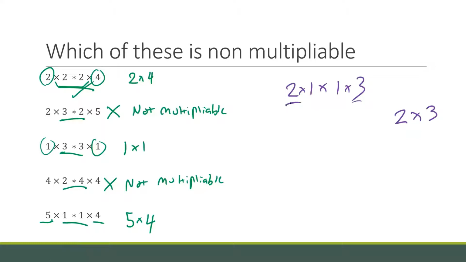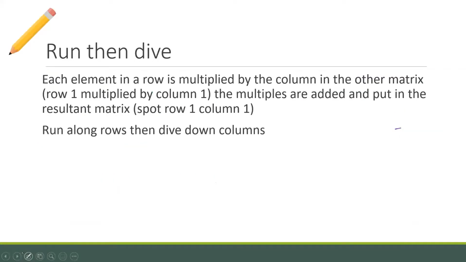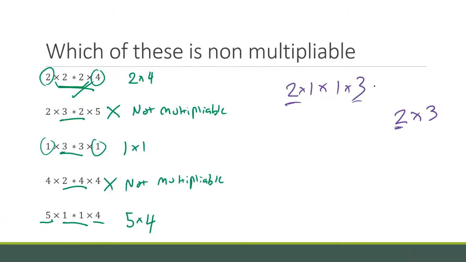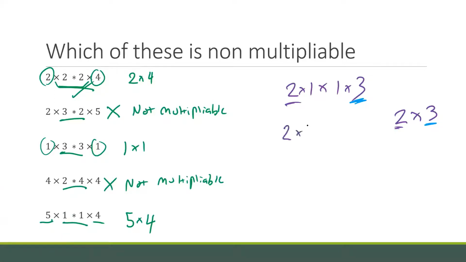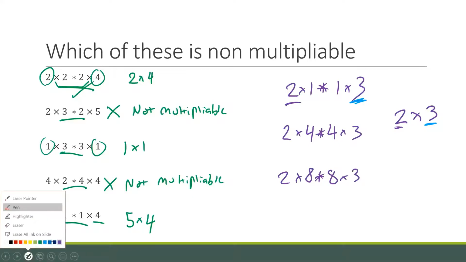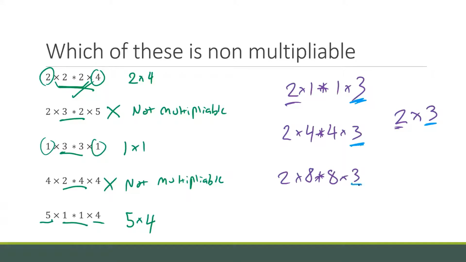You can get the 2 from this matrix, and the 3 from that one. But you could also get this same matrix by taking a 2 by 4 and multiplying it by a 4 by 3, or a 2 by 8 and multiplying it by an 8 by 3.